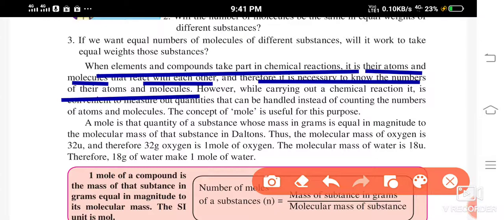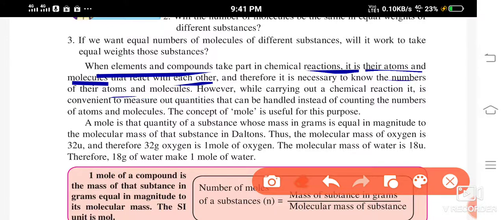However, while carrying out a chemical reaction, it is convenient to measure out quantities that can be handled instead of counting the number of atoms and molecules. Instead of counting atoms and molecules, it is not practically done, and it is not possible to handle this properly.